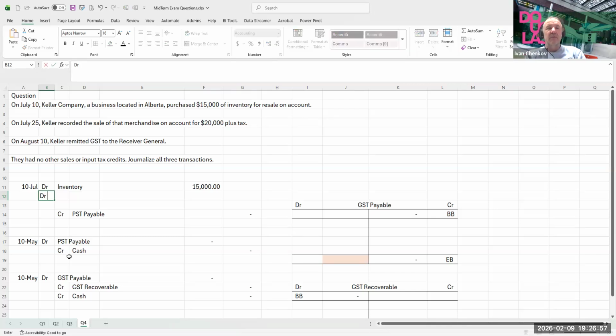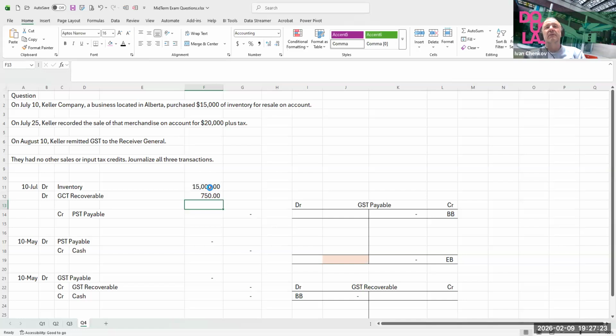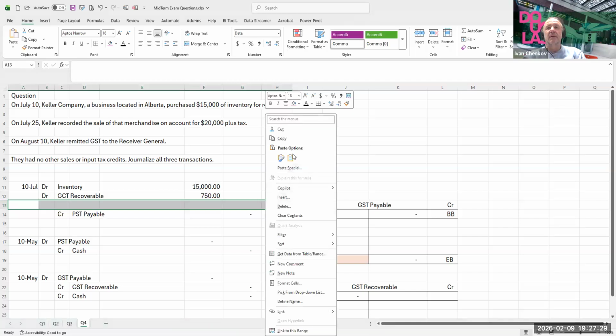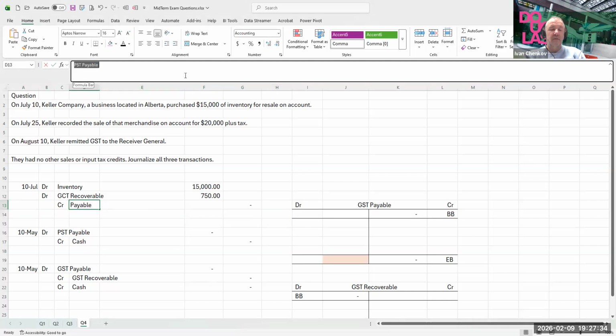So that will be our GST recoverable. And since we know that's 5%, it's going to be 15,000 times 0.05, $750. Now what we have to do is create the accounts payable.